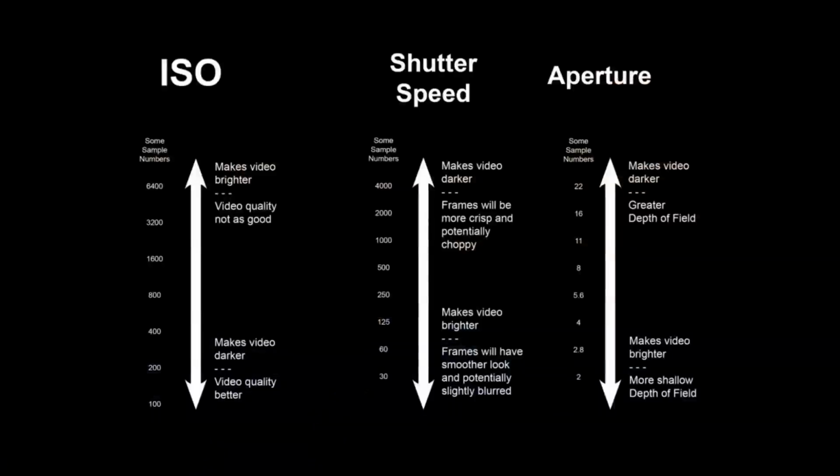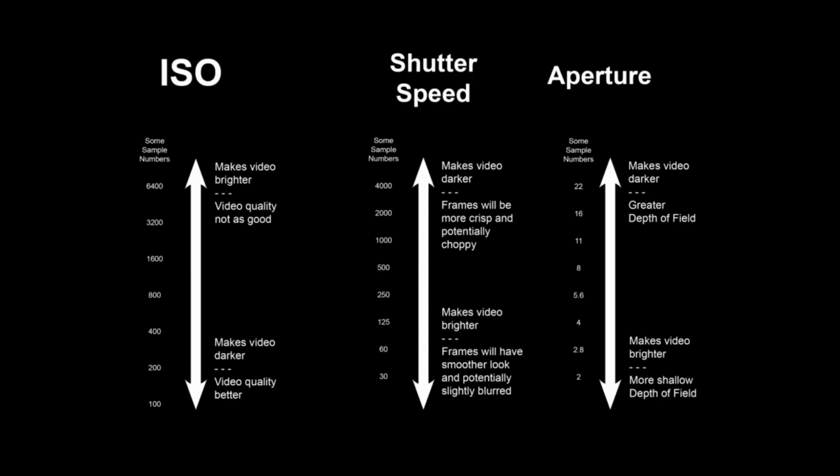Now, many people have asked and are wondering, what does ISO control and what does shutter speed control and what does aperture control? And briefly speaking, all three of them control light in one way or another.